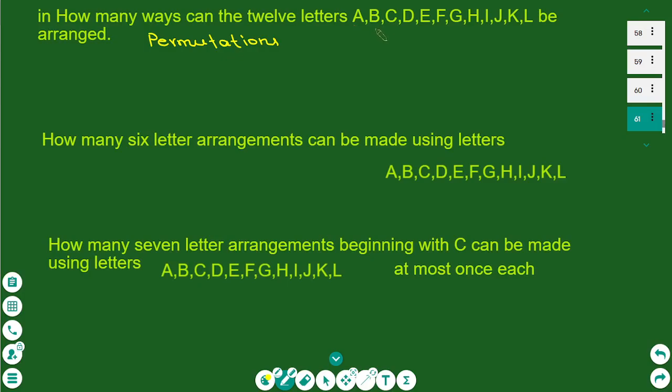So we need to find 12 factorial. And the answer, 12 factorial, is 479001600 arrangements. So this is the number of arrangements of these 12 letters.